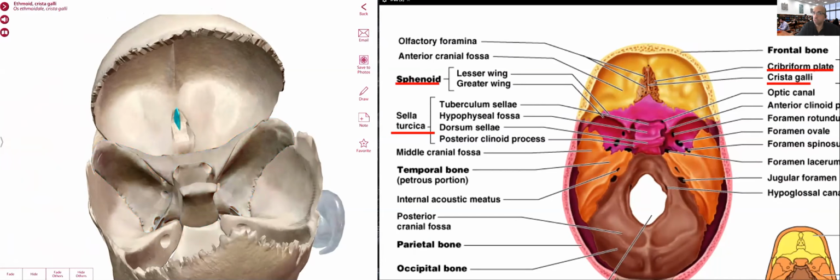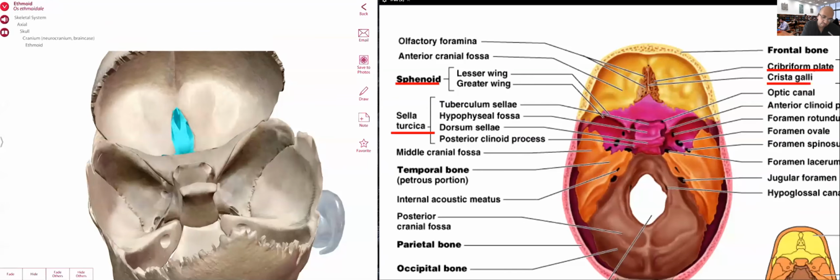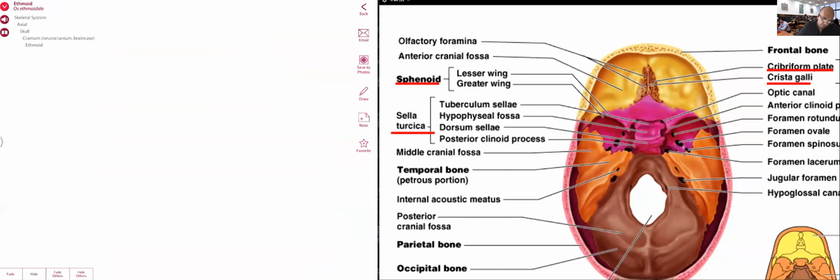I will get in touch with the crest, an elevated ridge. This crest is actually part of another cranial bone called the ethmoid bone. So this is how the ethmoid bone looks on the inside.